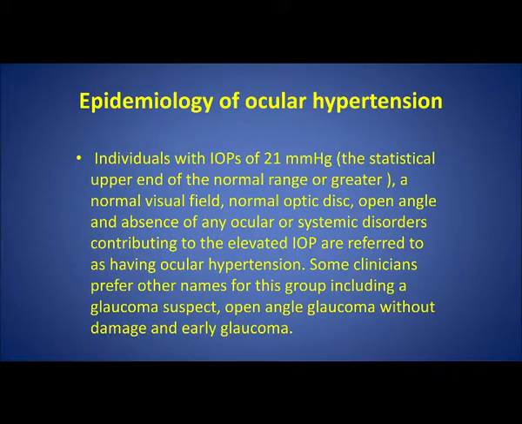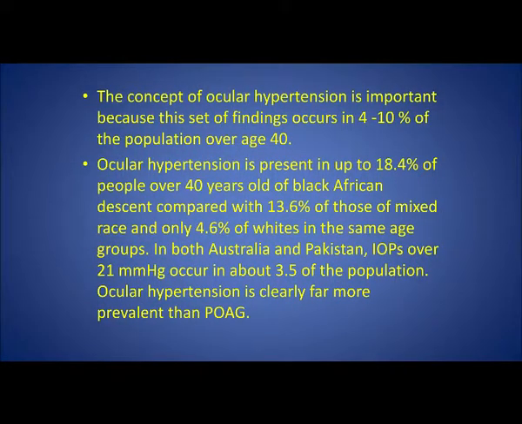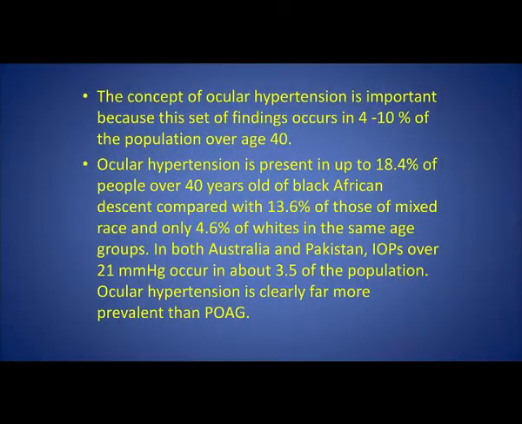Some clinicians prefer other names for this group, including glaucoma suspect, open angle glaucoma without damage, and early glaucoma. The concept of ocular hypertension is important. Why? Because it occurs in 4 to 10% of the population over age 40 and up to 18% of Black Africans. So ocular hypertension is clearly far more prevalent than primary open-angle glaucoma.